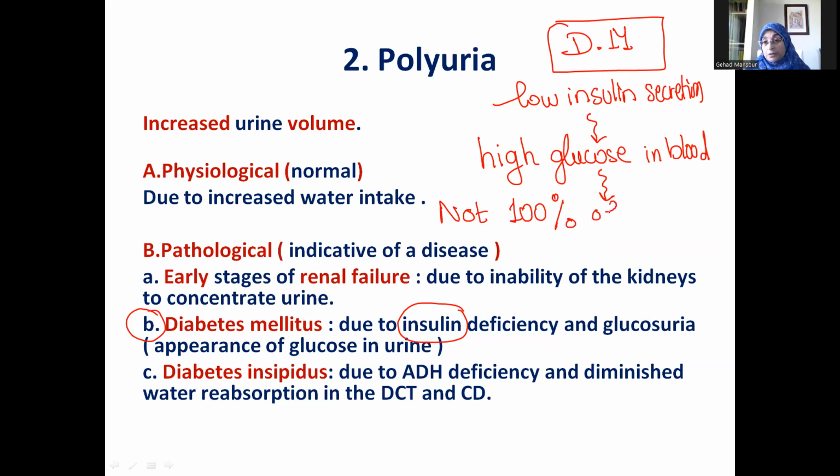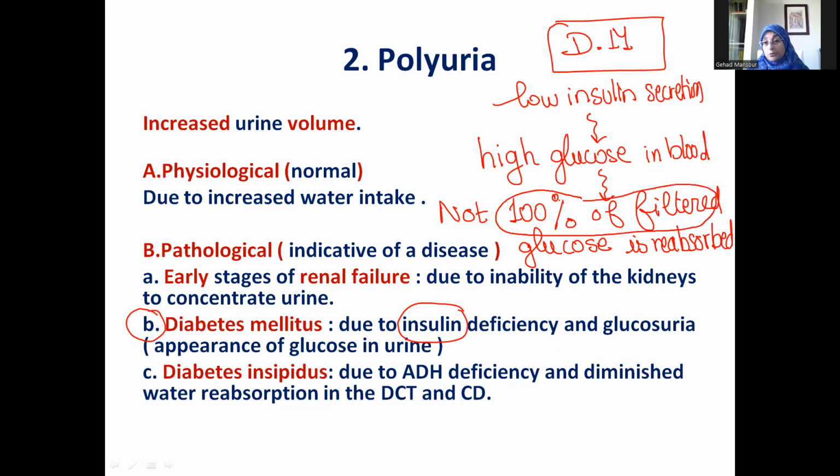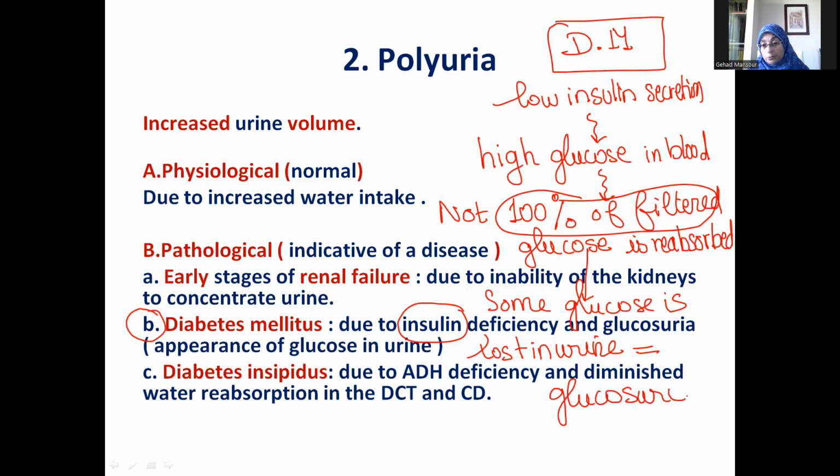So some glucose is lost in urine, which we call glucosuria, and this results in polyuria.